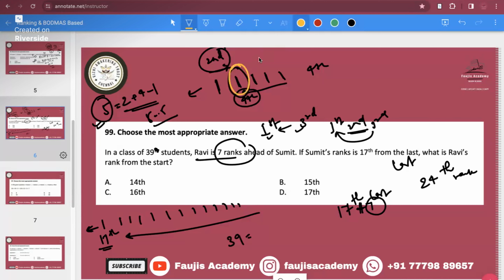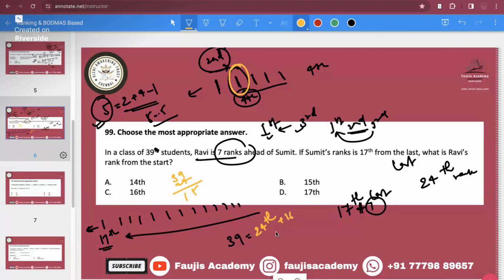Let's say this is Ravi. So Ravi will have how much? He is 24th rank from behind, right? So how much will that be? 39 minus 24, right? So this is like 15.